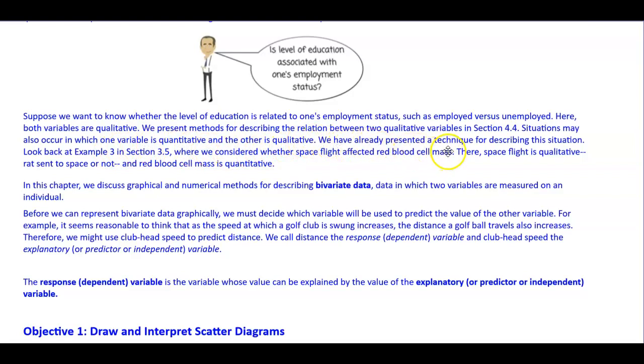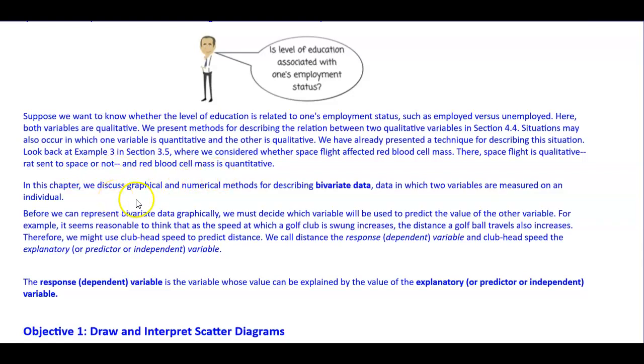We have already presented a technique for describing this situation. Looking back at example 3 in section 3.5, we considered whether spaceflight affected red blood cell mass. There, spaceflight is qualitative, rats sent to space or not, and red blood cell mass is quantitative.